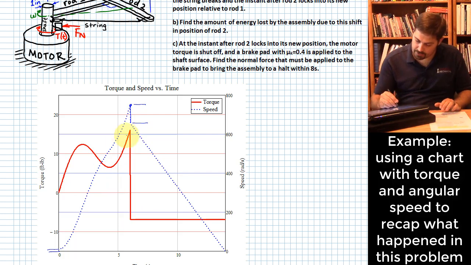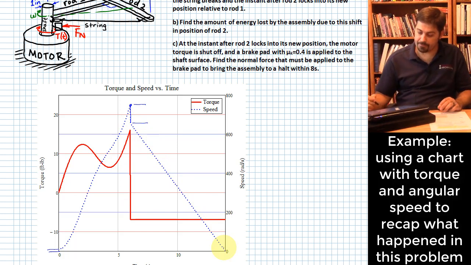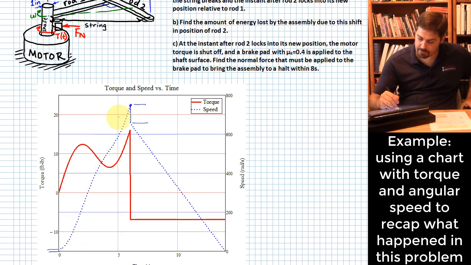Then the torque drops, and instead of being 0, we now have this resistive torque due to the braking. And that resistive torque causes the speed to bleed off until you get back down to 0. Okay, so if you wanted to actually track what the speed was of this thing, it would have a shape that looked just like that.